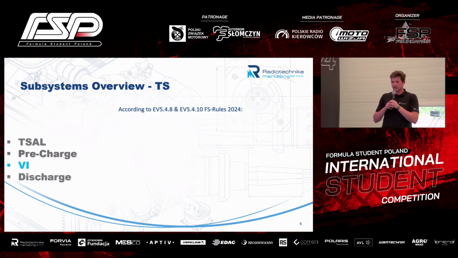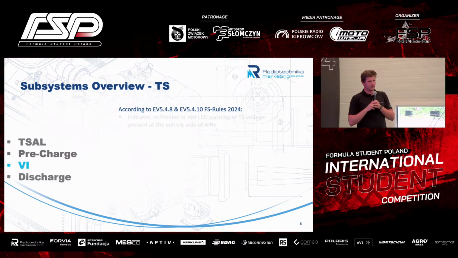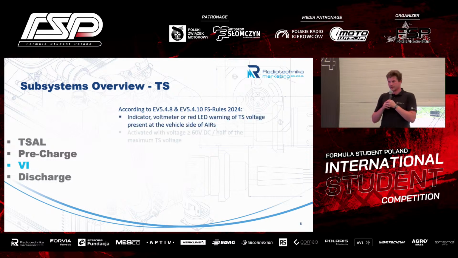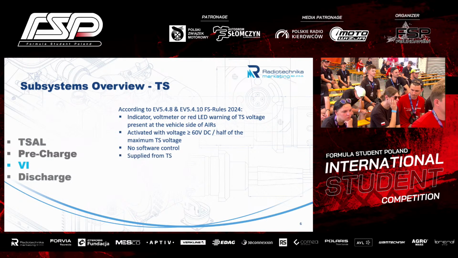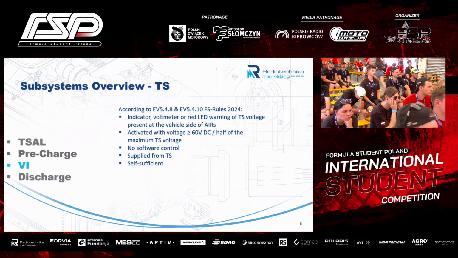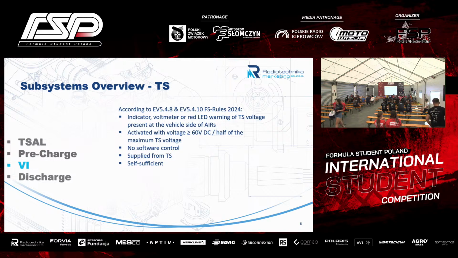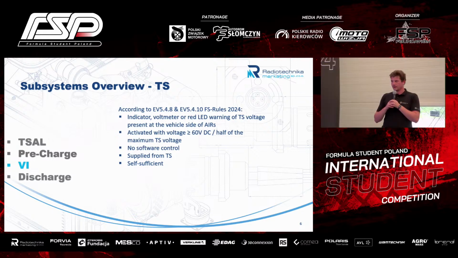we have the voltage indicator, which is also specified by the rules, and also a very important part of the battery inspection. It's basically a, let's say, warning light in case something goes wrong with the battery. It also shows that the battery is supplying the tractive system. And it's really important to keep in mind the threshold voltage of the module, which is below 60 volt.